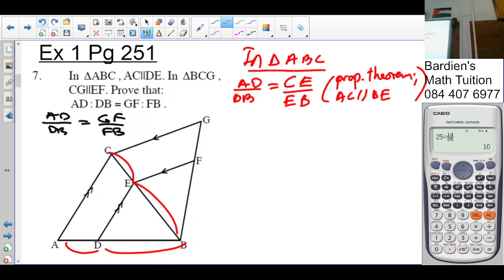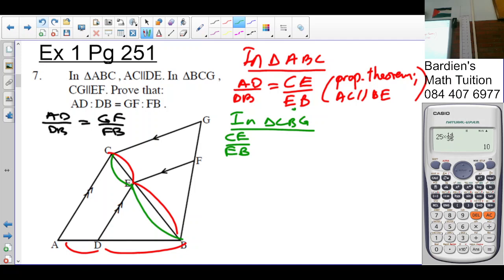But now what is in the other triangle? So in triangle CBG, what can we say here? We can say that EC over EB. Why am I going with that?